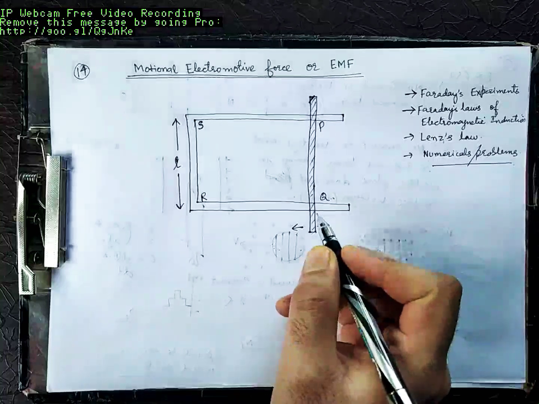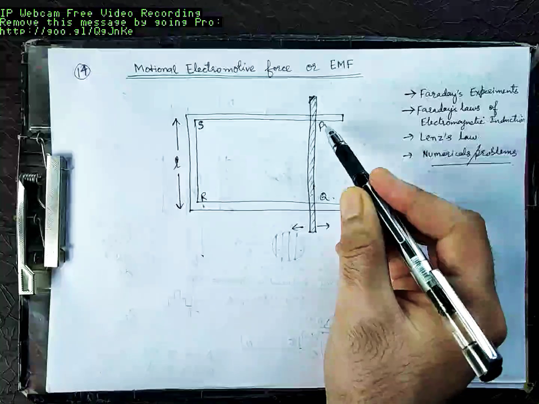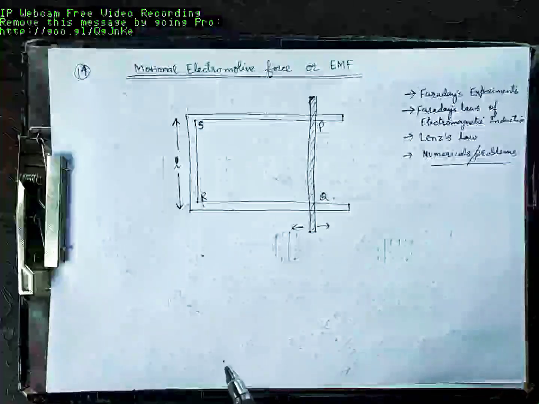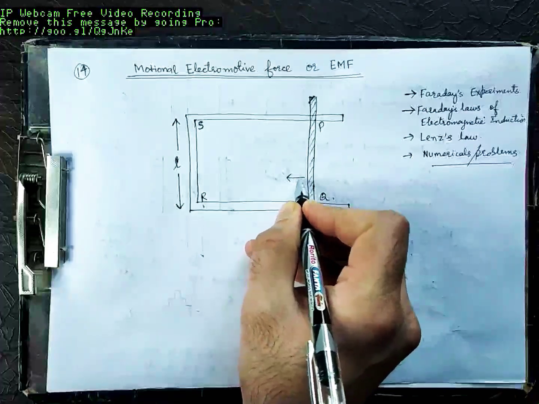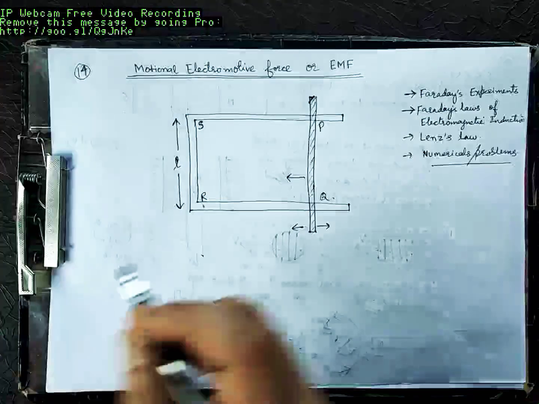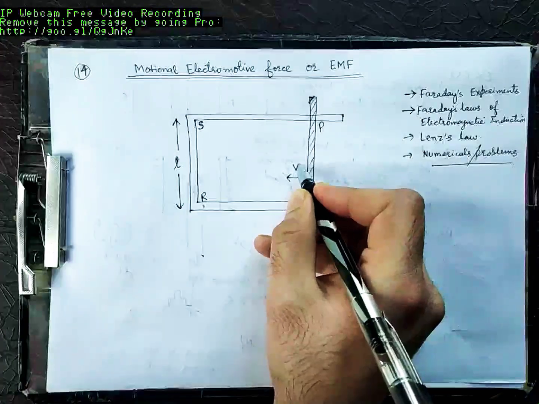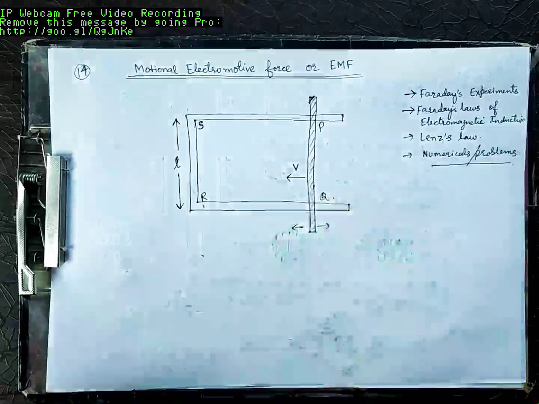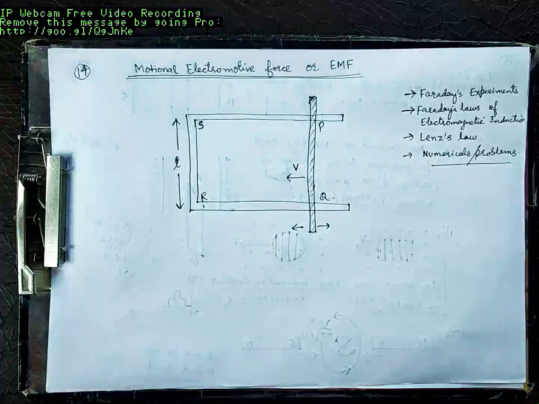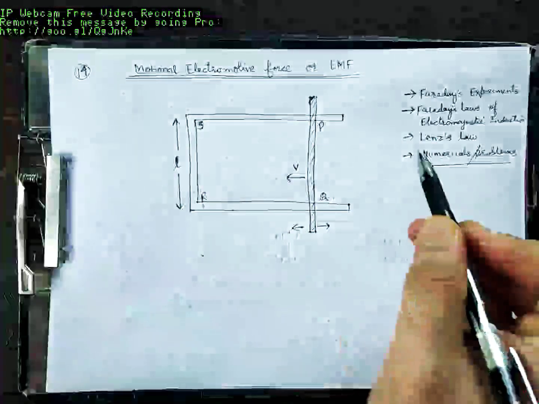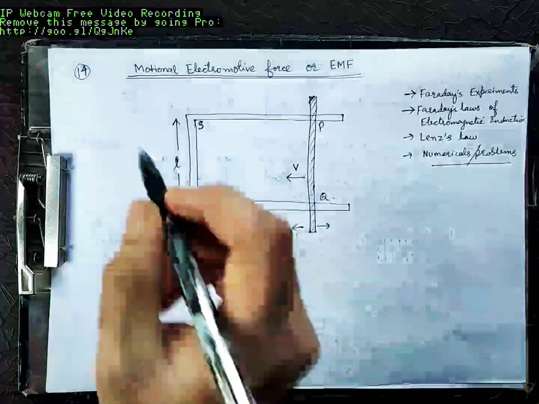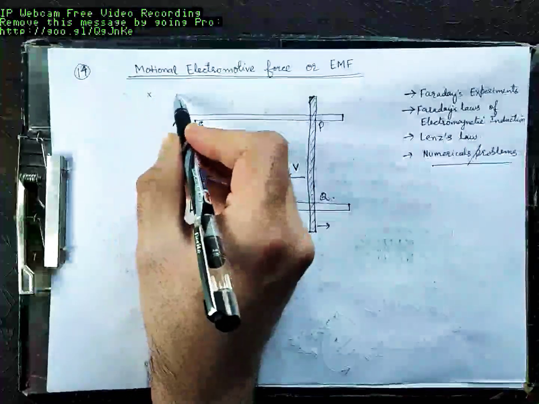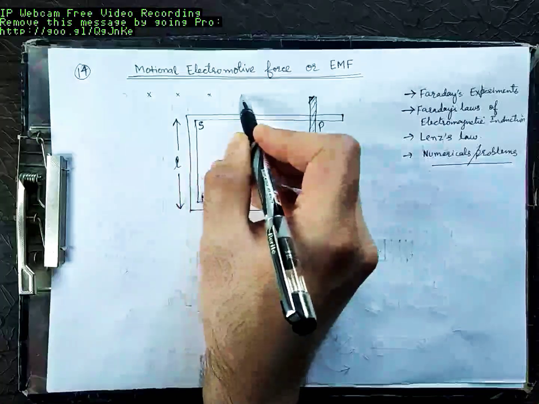Let us suppose we are moving this arm PQ towards left with a constant velocity, let's suppose V. And this whole arrangement is in a magnetic field which is pointing into the plane of page. I'll mark that by cross.